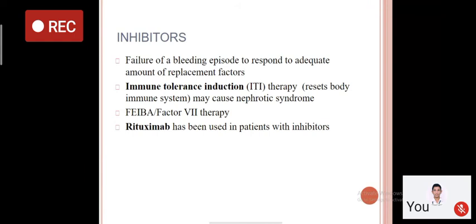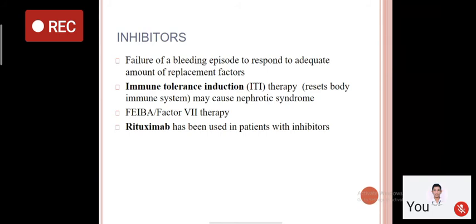Inhibitor is again an important complication related to the management. Failure of a bleeding episode to respond to an adequate amount of replacement factor is the criteria for diagnosis. And the definitive diagnosis can be done by detecting the antibodies, which are usually of IgG type, against human factor 8.